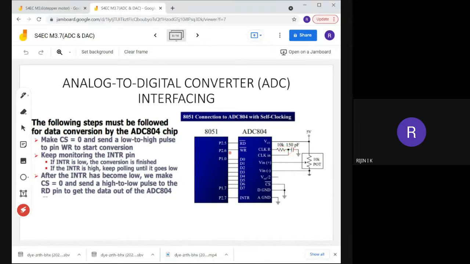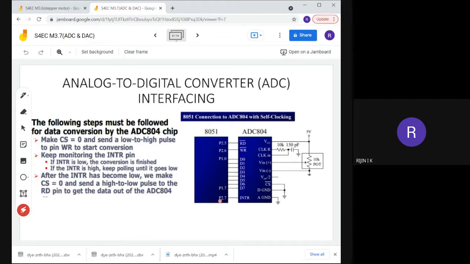Okay, then this is our 8051 microcontroller. This is the ADC. Here port 1 is used to read the data from the ADC. After converting the data, we have to read the data, so for reading the data, port 1 pins are used: P1.0, P1.1, P1.2, up to P1.7, connected to the D0 to D7 pins.